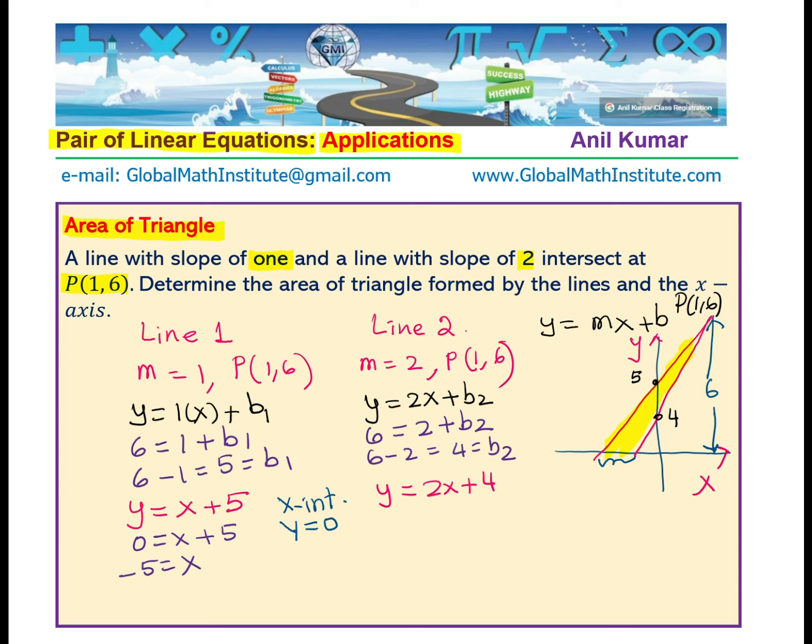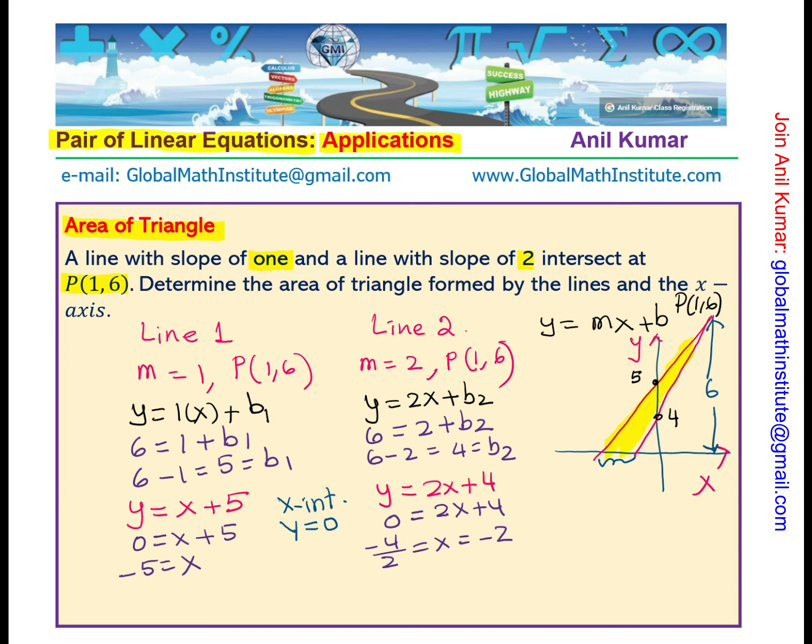In the second case, if I put 0 for y, I get 0 = 2x + 4, and the x value will be minus 4 divided by 2, which is minus 2. So we just found the x-intercepts, which are minus 2 and minus 5.